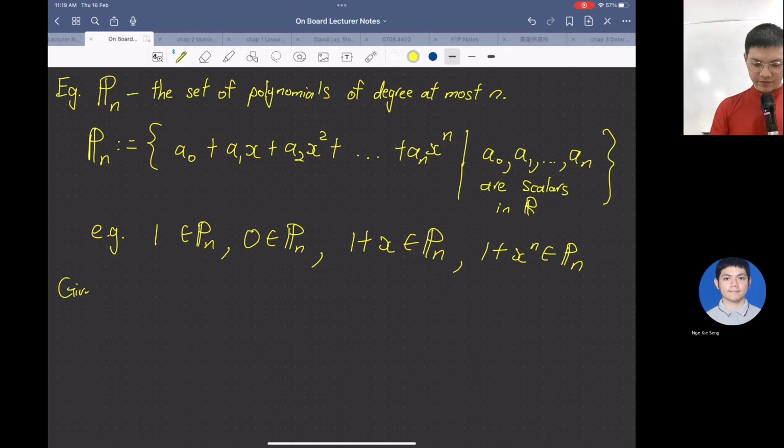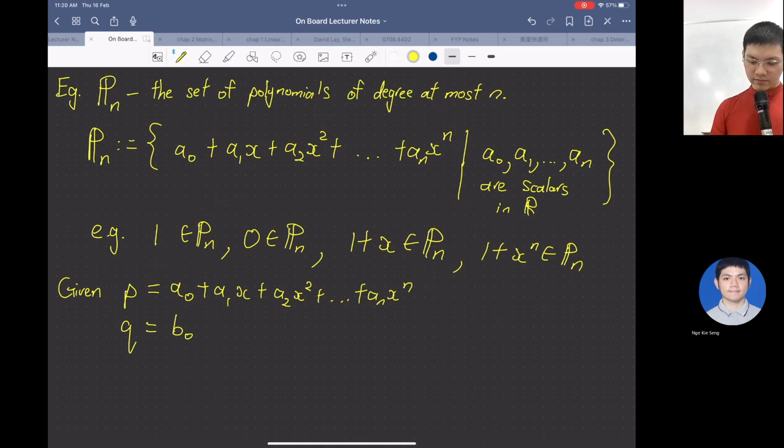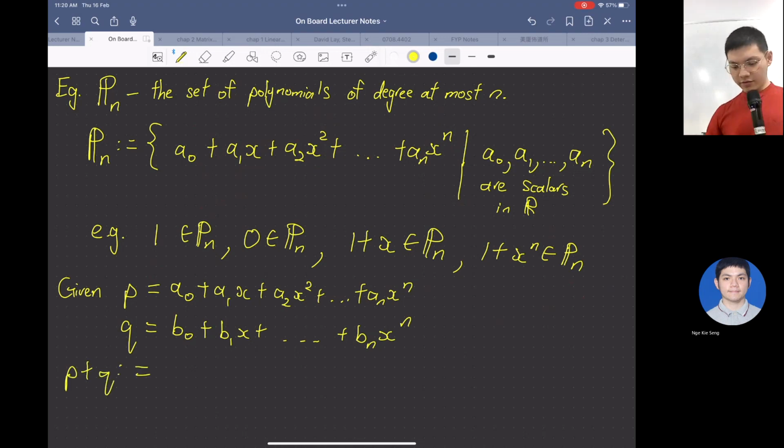Given two polynomials, p and q, maybe I write one as a0 plus a1 x up to an x^n, and the other as b0 plus b1 x, and so on up to bn x^n. How to add two polynomials together?